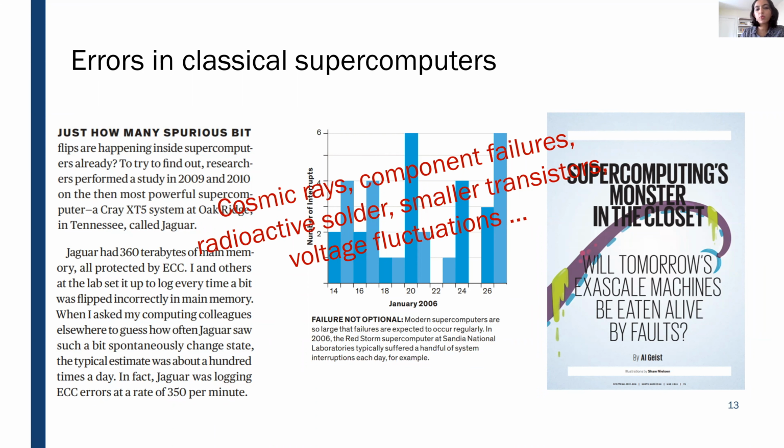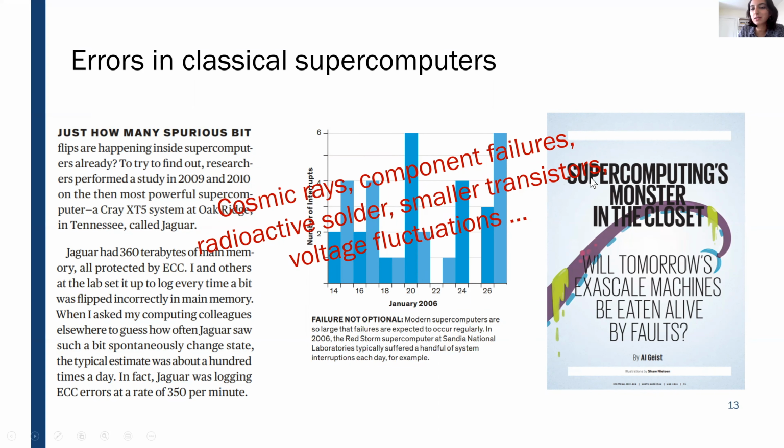It's just a problem of scale. If you have that many transistors, one or the other is going to fail during your computation, and that could be due to a component failure, a voltage surge, some radioactive material used in the computer, a cosmic ray, whatever. So the next generation of classical computers is going to be noisy as well.